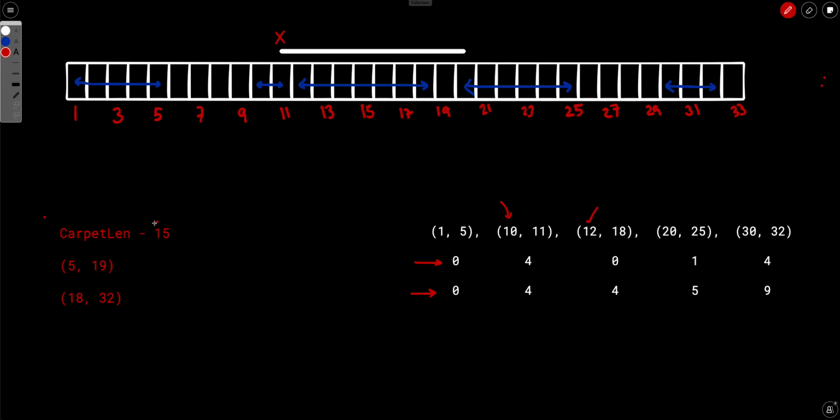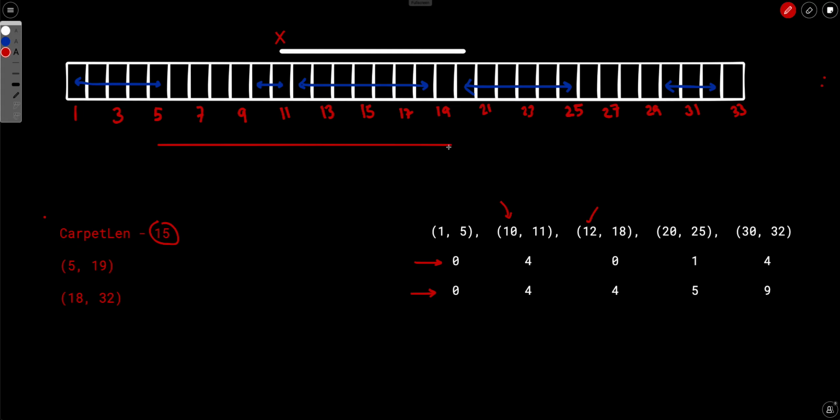Now let's say the carpet length is 15, and this is the carpet 5 to 19. So let's say this is the carpet, and what we need to do is find out how many cells are uncovered.